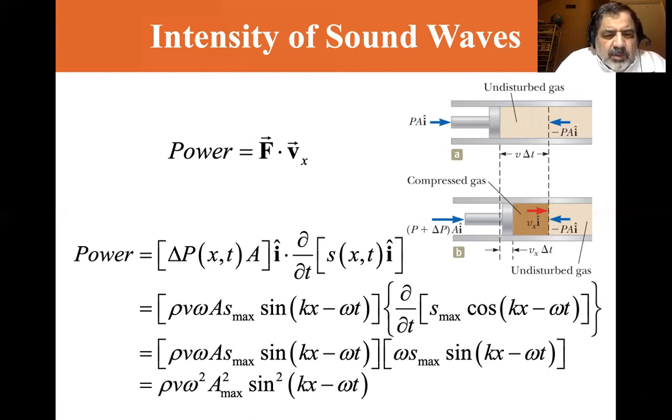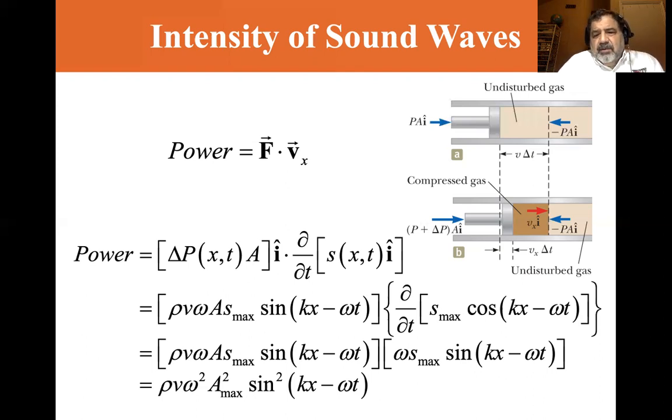I said P, it's rho v, rho times the velocity times omega times the area, s max sine(kx minus omega t), times the partial of s max cosine(kx minus omega t), equals rho v omega s max sine of (kx minus omega t). And with the partial, you get omega s max sine(kx minus omega t).